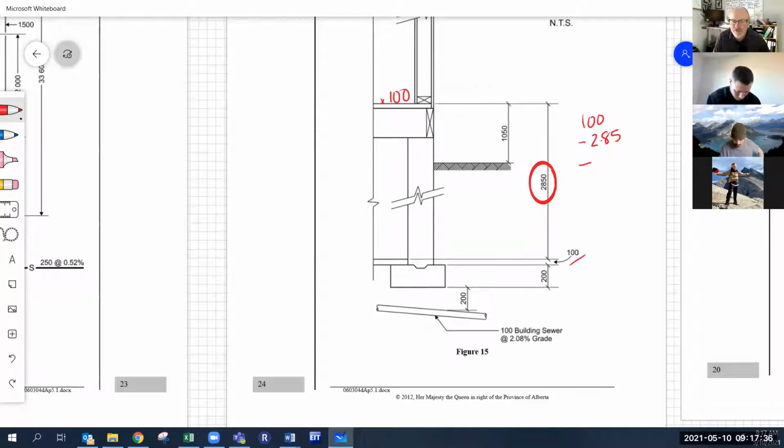We're going to minus off 0.1. We're going to minus off 0.2. We're going to minus off 0.2. And we're going to minus off 100 or 0.1 again for our pipe. And you should have the architectural invert elevation of the building drain out of the footing at 96.55.